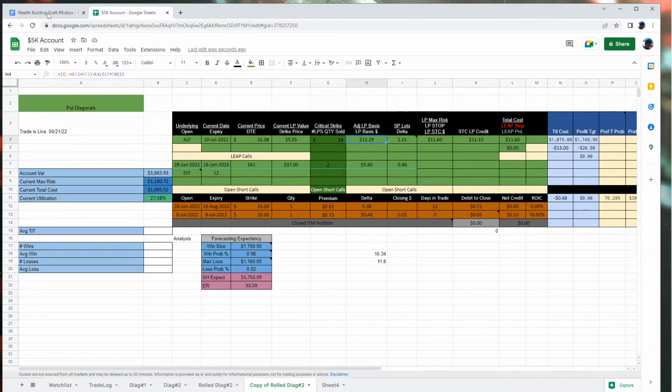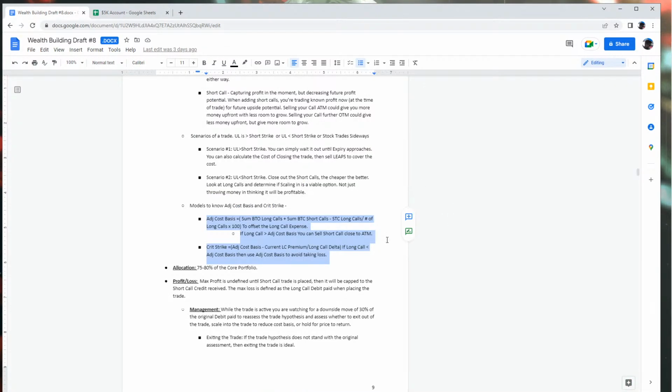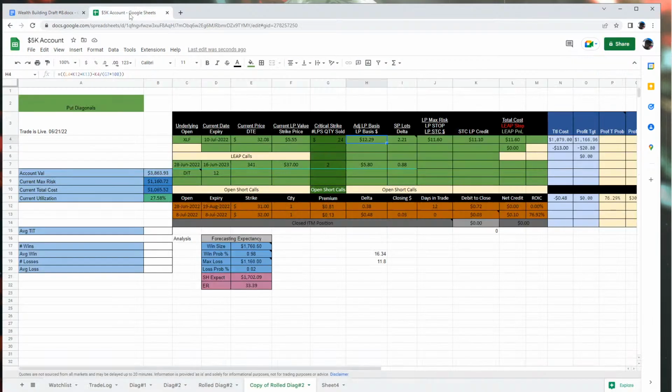And then come over here. So we have the sum of the long position, sum of the short position, minus the sell to close of the long position. And then you divide all of that by the number of long calls times 100. So coming back here, we have G7 as the number of long calls.